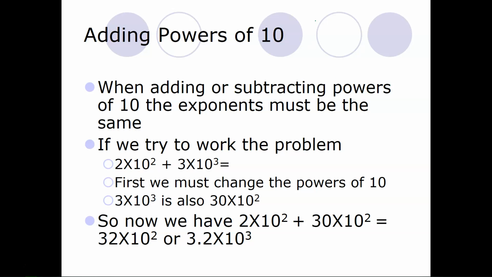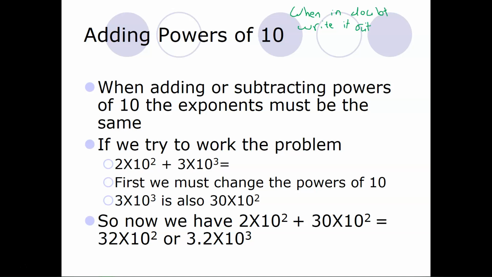And that is, when in doubt, write it out.